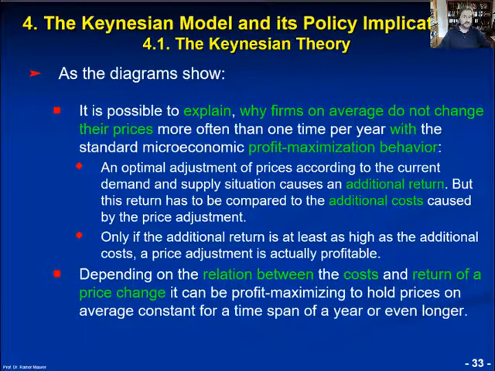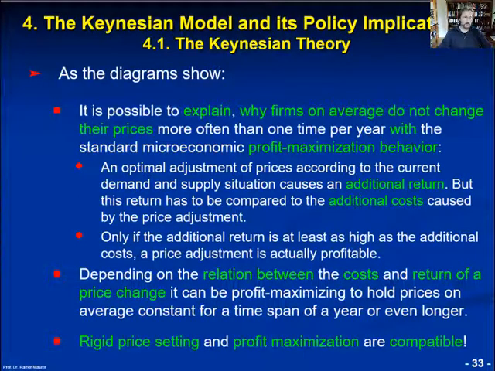Depending on the relation between costs and return of a price change, it can be profit maximizing to hold prices on average constant for a time span of a year or even longer. Rigid price setting and profit maximization behavior are in fact compatible.